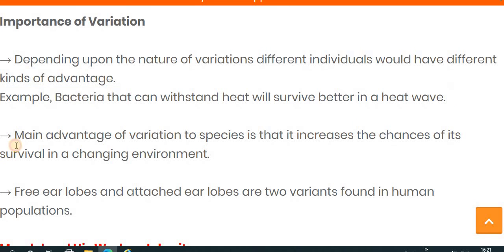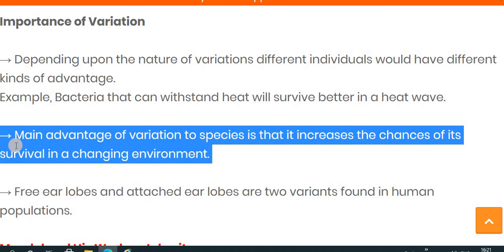Another main advantage of variation to a species is that it increases the chance of survival in a changing environment.